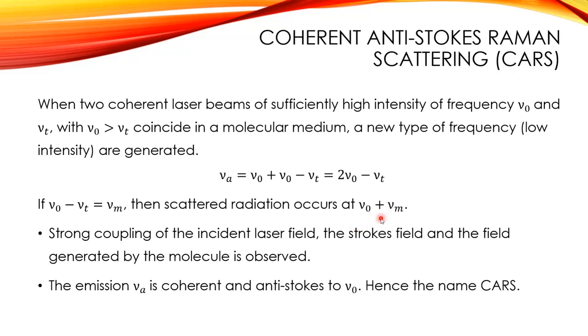Strong coupling of the intense laser field and the anti-Stokes field is generated inside the molecule and can be observed. The emission nu-a is coherent and it is anti-Stokes with respect to nu0. Hence we have the name coherent anti-Stokes Raman scattering.